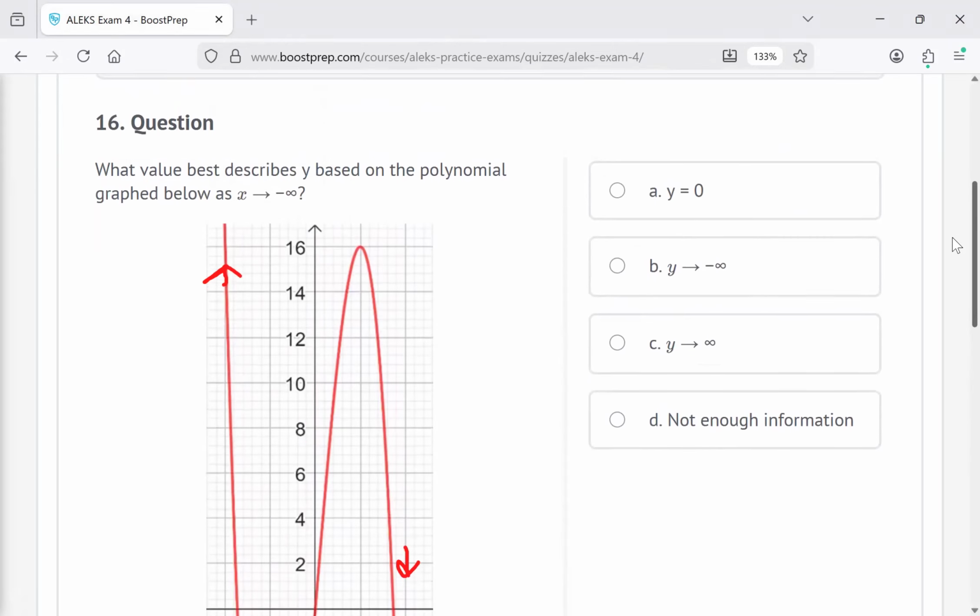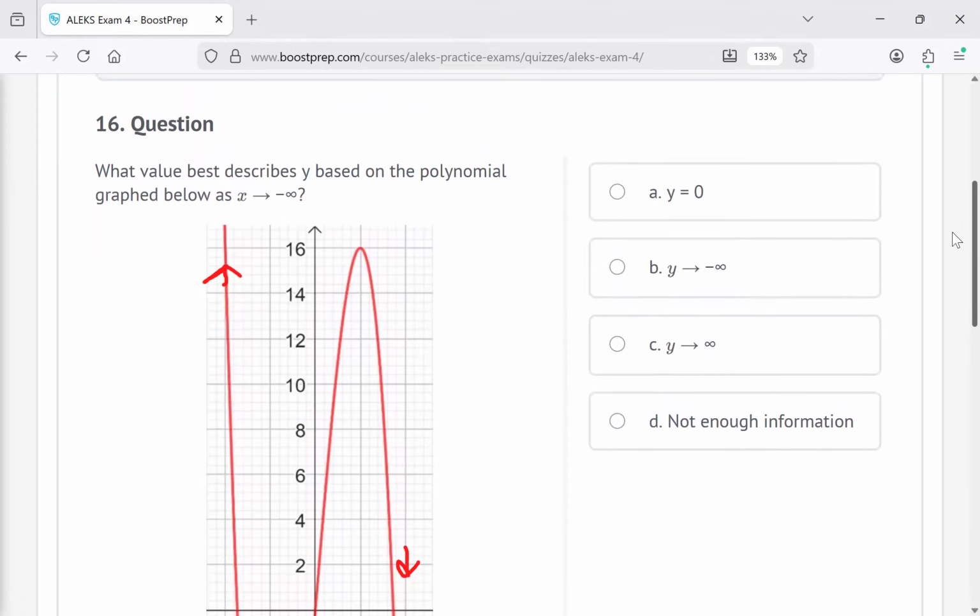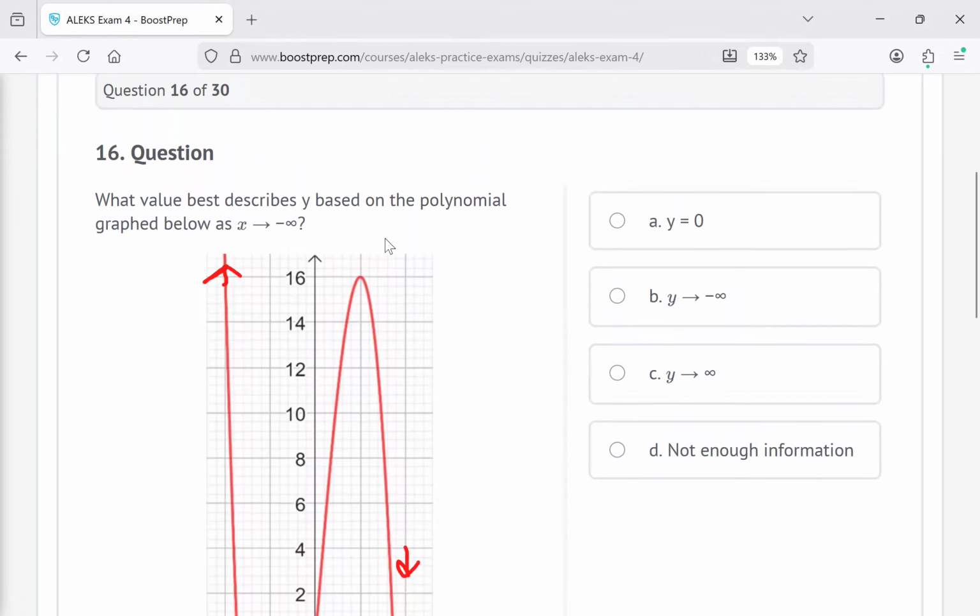And then, so what is the y value as x goes to -infinity? It goes to positive infinity. So letter C. Okay, so as x goes to -infinity, the y value shoots up to positive infinity.